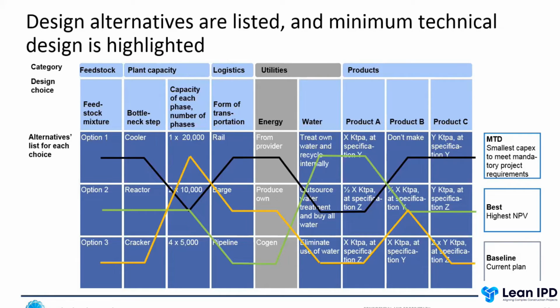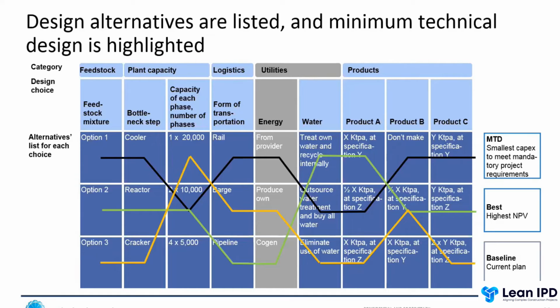So different situations might require a different approach, but with this approach here, we first start with minimum technical design. During the workshop and the weeks following, there might also be additional alternatives, now highlighted with the green line, which are telling us what are those that are improving the NPV at best.